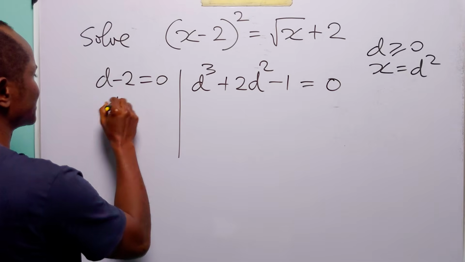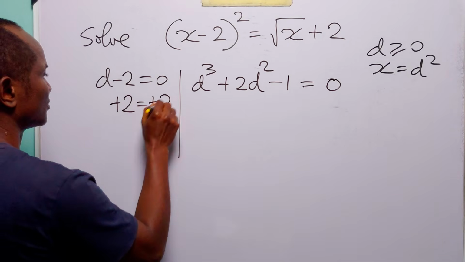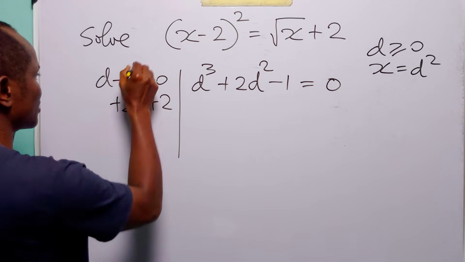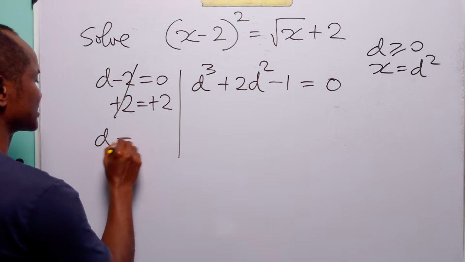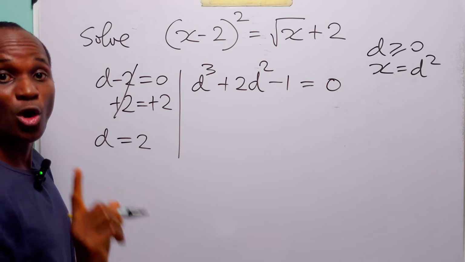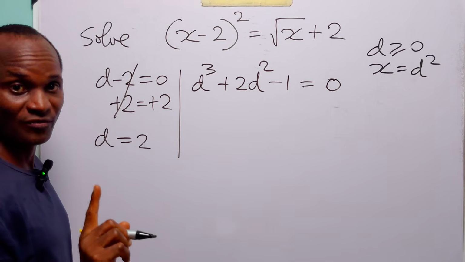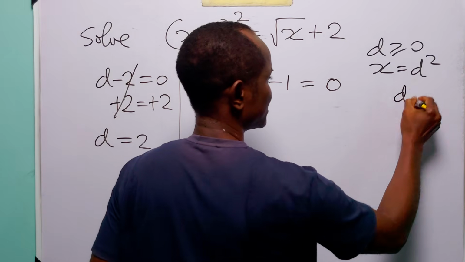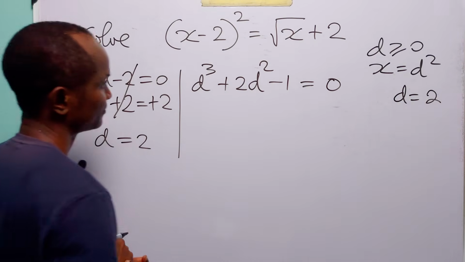Now, of course, you know that if we add 2 to both sides of the first equation, we have that d is equal to 2. So already we have found one value of d.